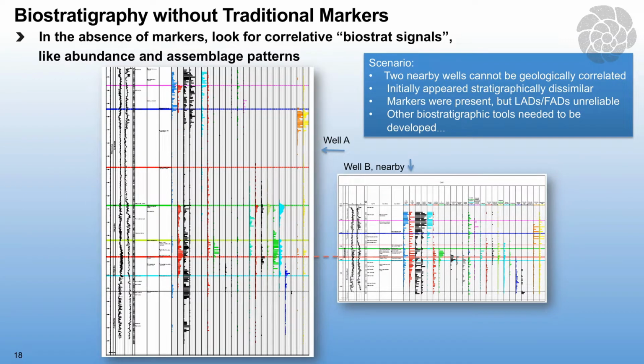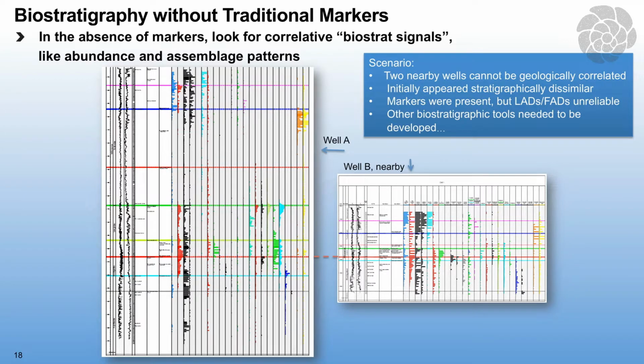Actually my partner did this work, I did not. He noticed that markers were present, but he couldn't rely on the first or last appearance datums because he quickly identified some major unconformities. So early on, he realized he needed to develop other biostratigraphic tools to have a chance to figure this out.